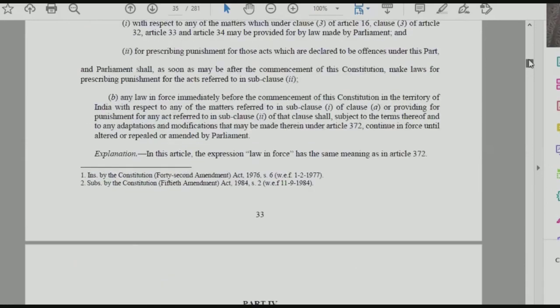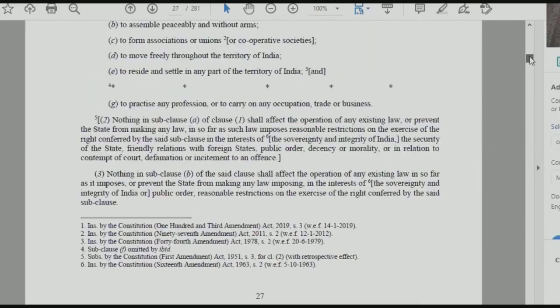If you see under the Constitution, right, we have many provisions. Take for example, Constitution, Act 2019. These are inserted by the Constitution 103rd Amendment. That means it was by way of an amendment that this provision was inserted. 97th Amendment, 44th Amendment. That means in which year this particular provision was inserted. Right?